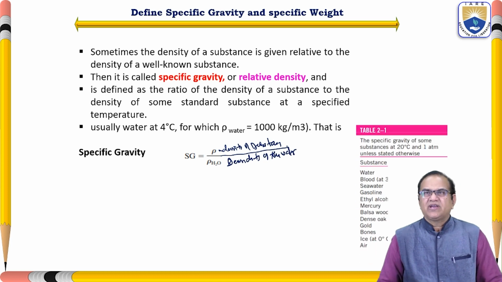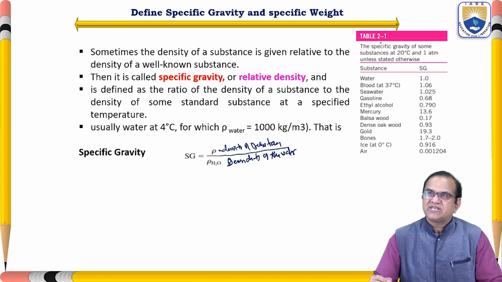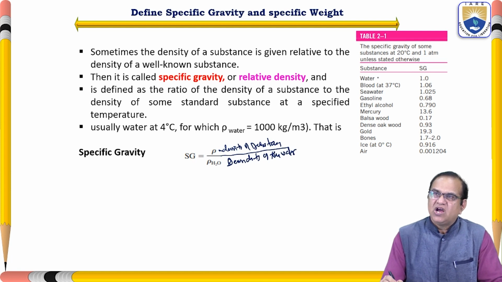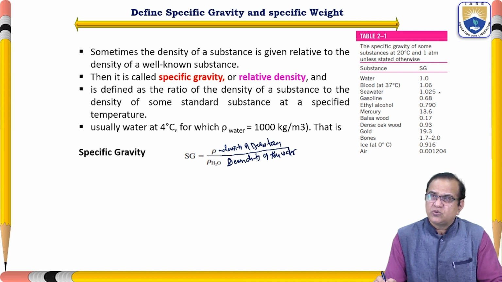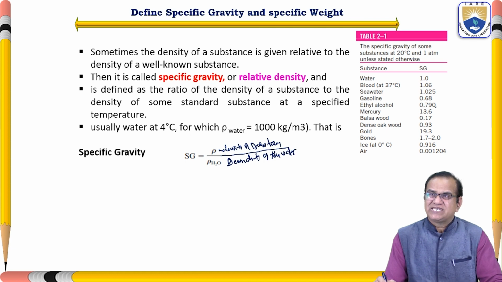In this way we can find out, and here I have given the specific gravity for some of the materials. Water is 1, blood is 1.06. It means blood is heavier than the water. Sea water is 1.025. Gasoline is 0.68. Ethyl alcohol is 0.79.